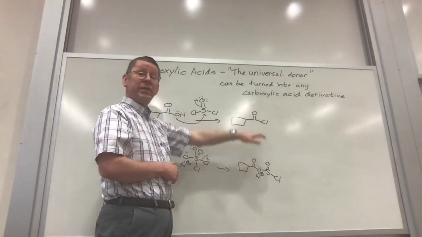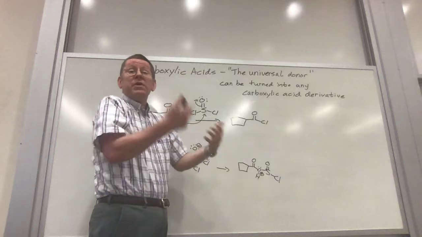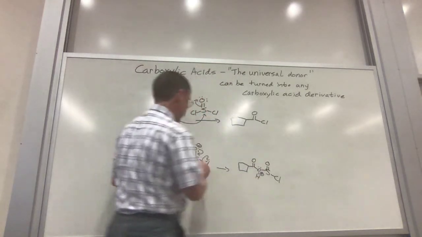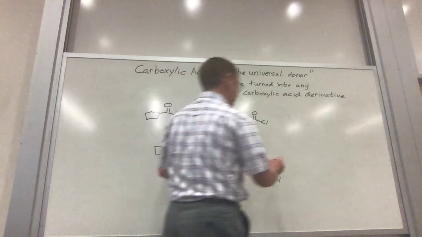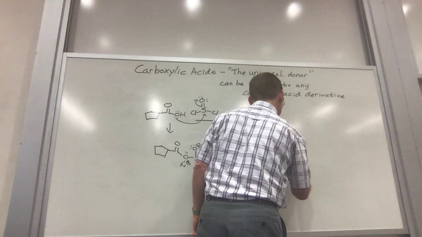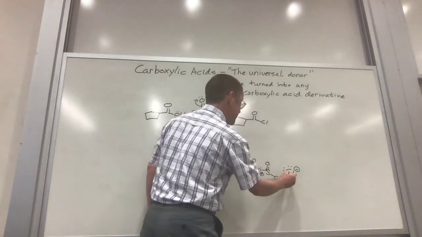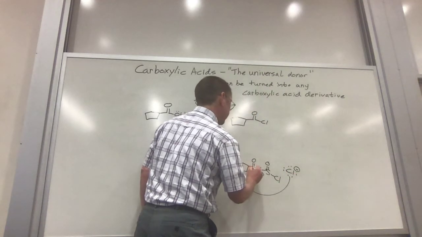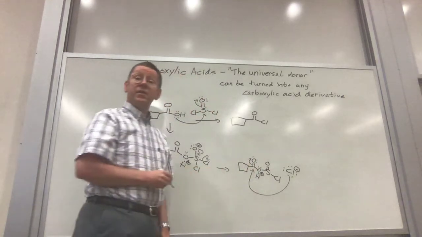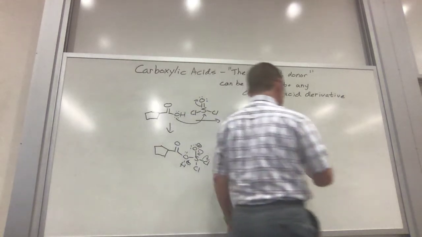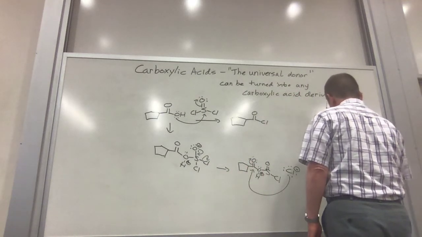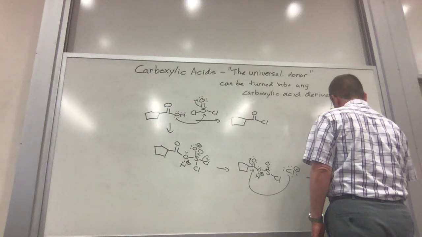And now to complete this process, we simply do the same thing all over again. We kicked out a chloride ion over here, so I can draw that in, keeping track of it. And I can use that electron density now to add into this particular carbonyl. It's actually the more reactive of the two.